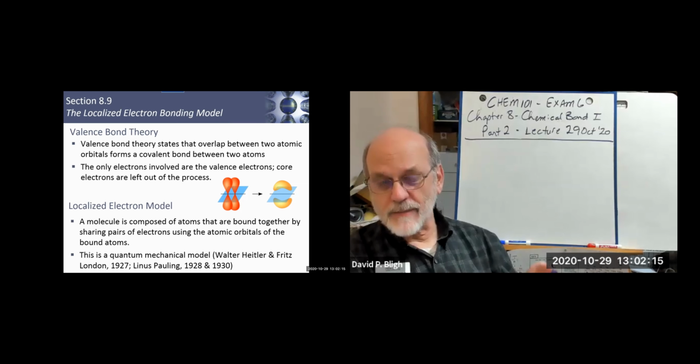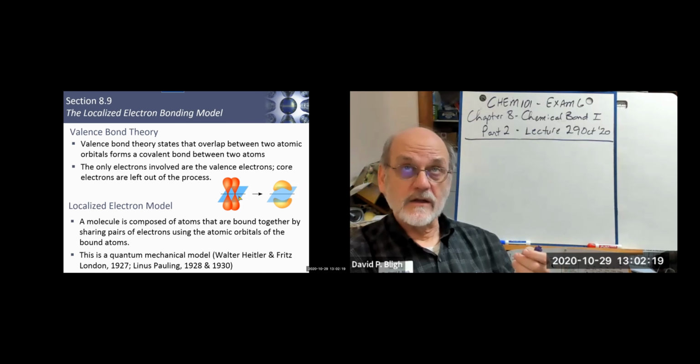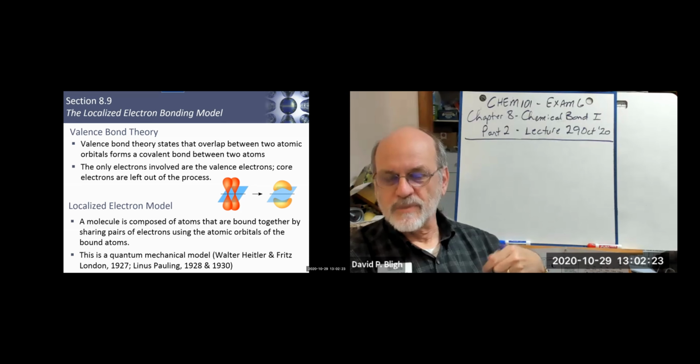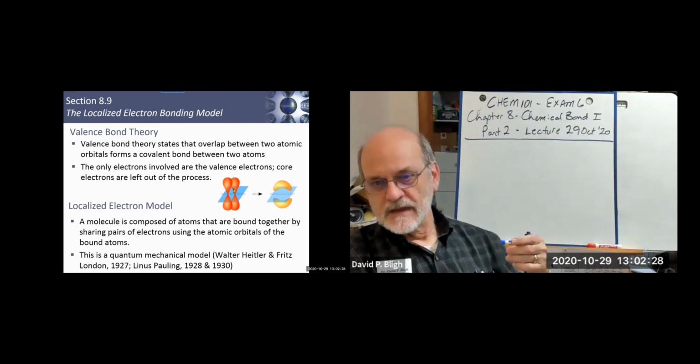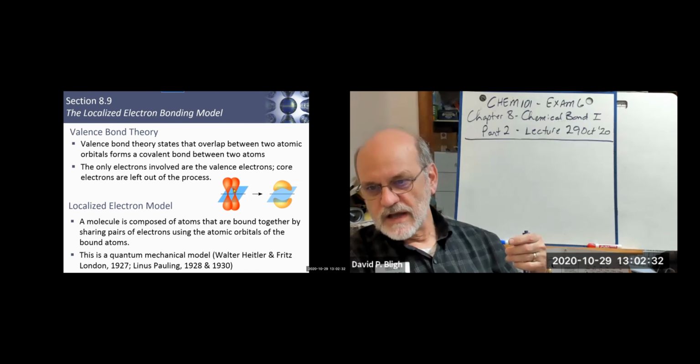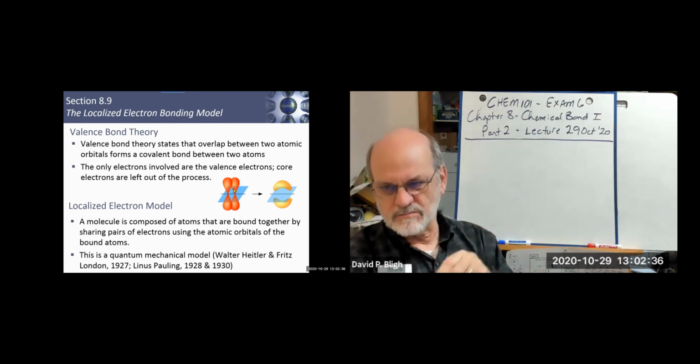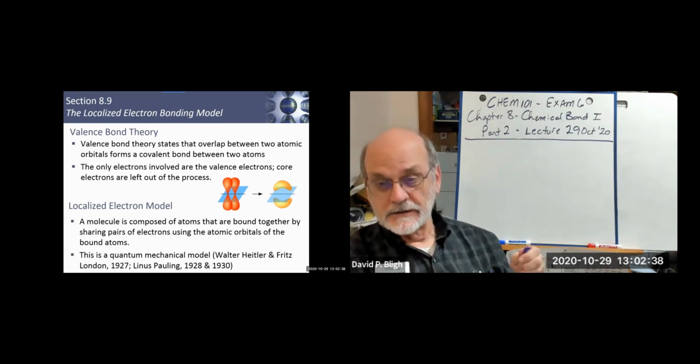This is just an example where you have L equals 1, or the P. This is a P-type orbital. Remember the dumbbells? And these dumbbells from these two atoms overlap above and below and give you these bonding regions here. We'll talk about that in particular a little bit more later.